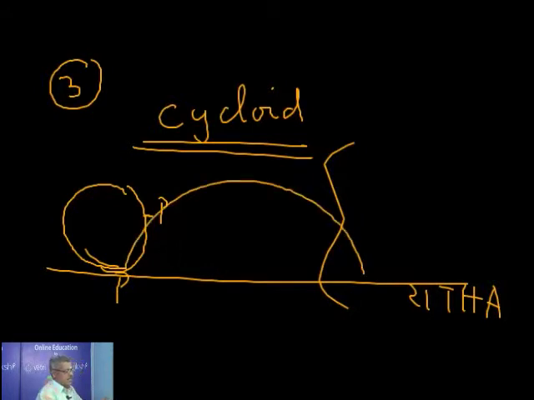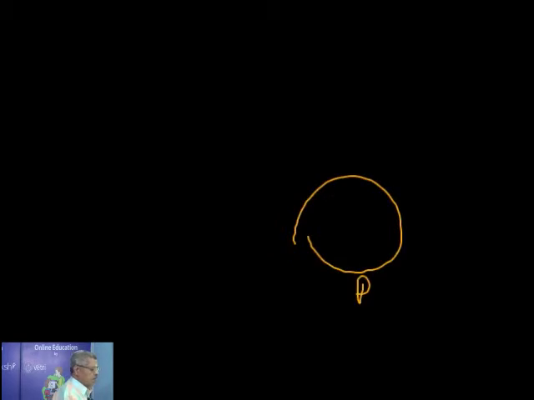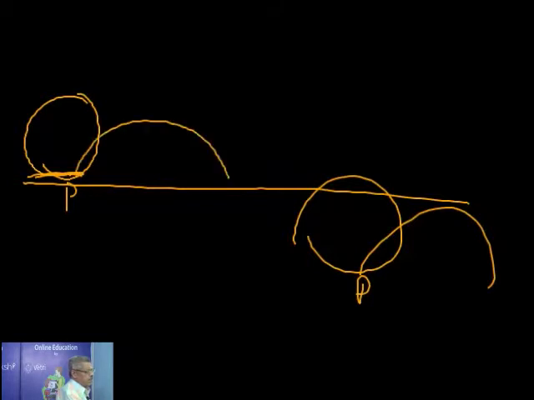Again the circle will be here, the point P will be here. Again it revolves, we get an arc like this, called a cycloid. So a cycloid is nothing but the path traced by a point on a circle as the circle revolves.